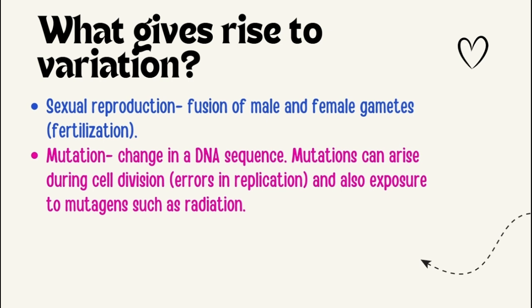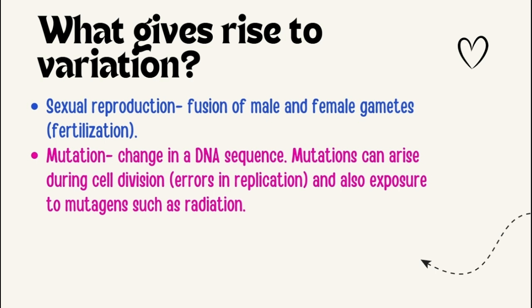Let's just say something went wrong, the spindle never attached properly, a mutation happened, right? And then bam, something is going to change, because it never lined up the way it should, or it never attached the way it should. So you're more likely to have an abnormality, something like that.